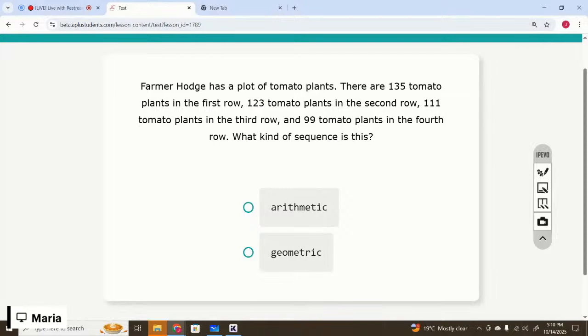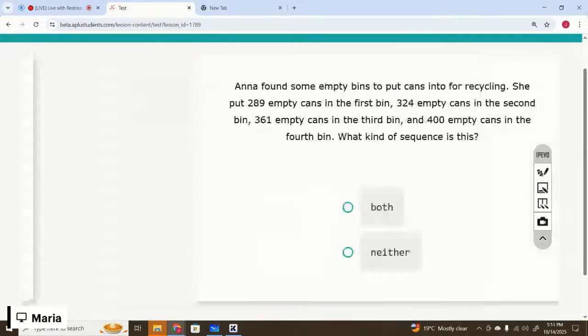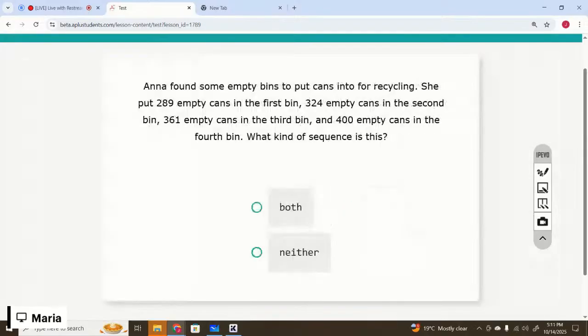What kind of sequence is this? Arithmetic it is. Option number 1 is the correct option.